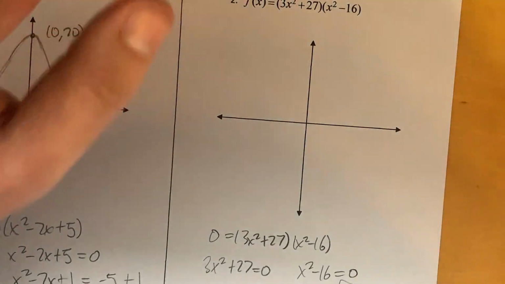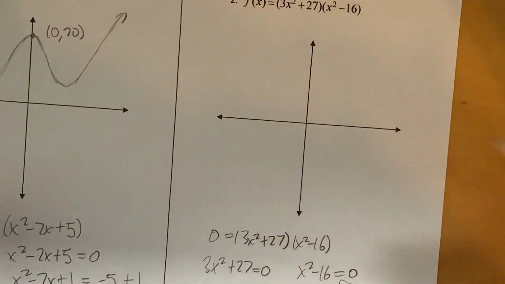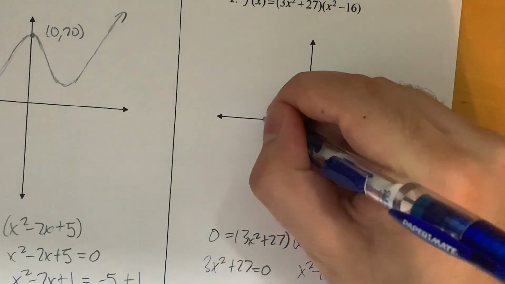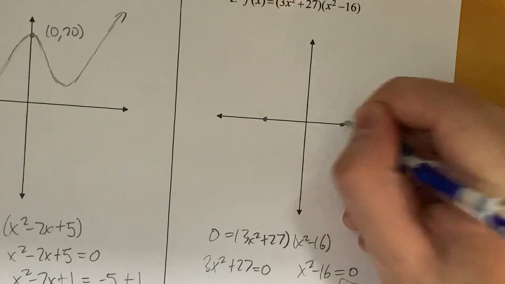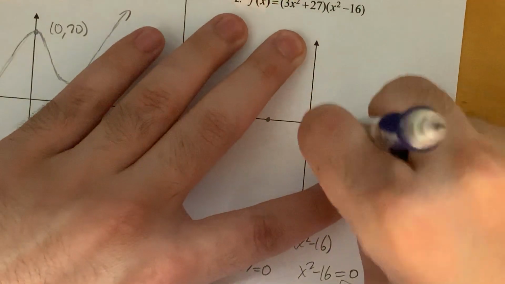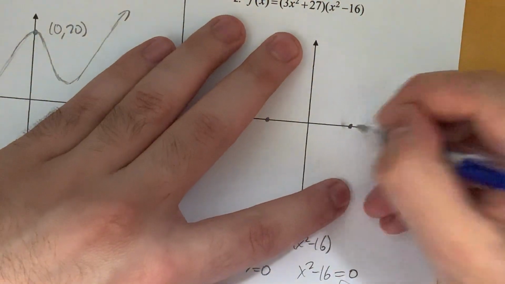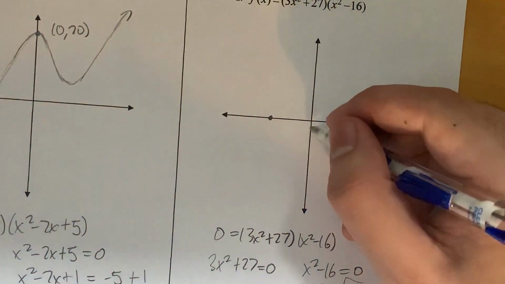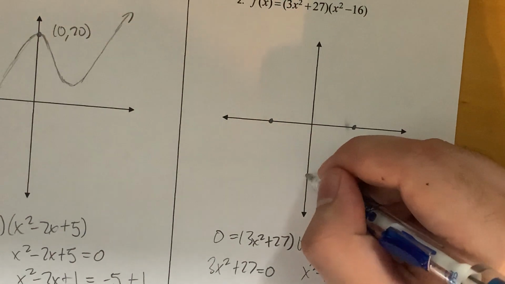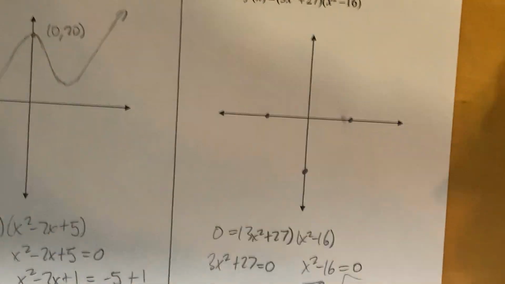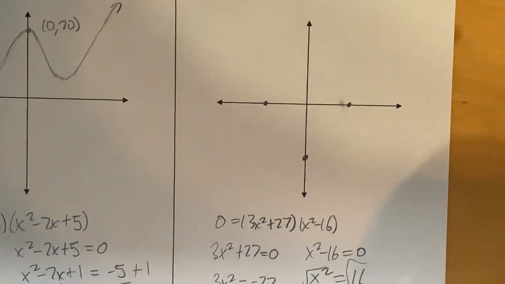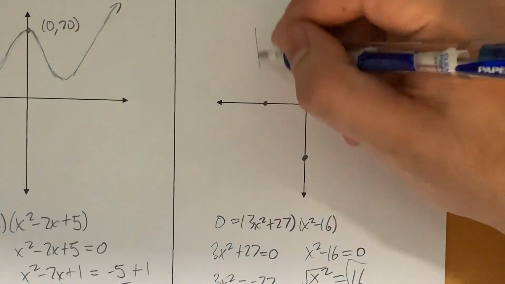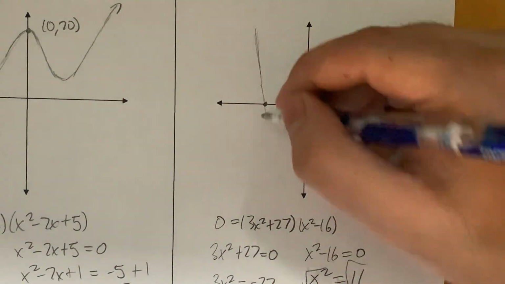All right, we have enough information to graph this. Let's put on the real roots first. Negative 4 and positive 4. They're about, nope, a little bit more, and yeah, about even. And I know it's 0, negative 432, which is somewhere down here. And you'll know why I left a gap soon enough. And since both the end behaviors are up, I'm going to start up, come back down.